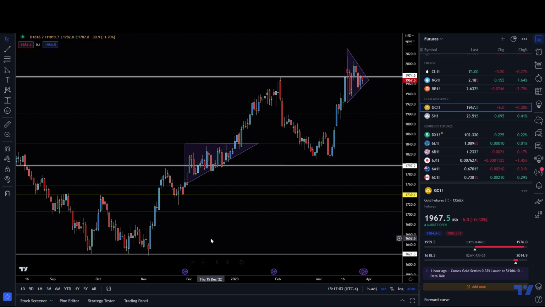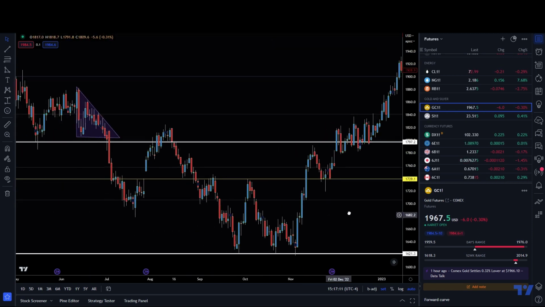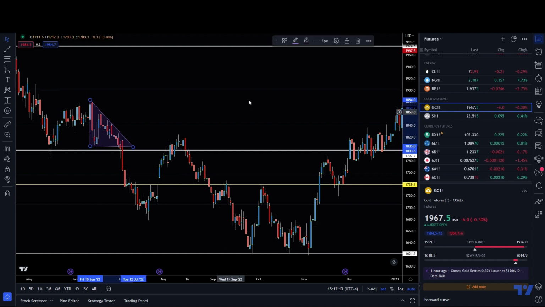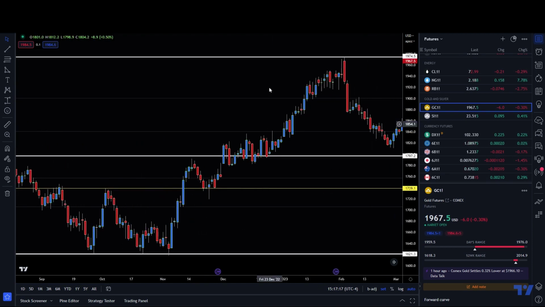So why do we call it an ascending triangle, and how do we even draw that, right? Well, let's take a look. We'll actually draw all three of these so you can see. Basically you're looking for a consolidation, right? And when you start to draw your triangle, the best way to do it is to use a tool like TradingView right here.